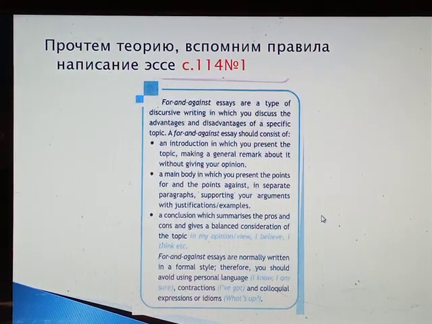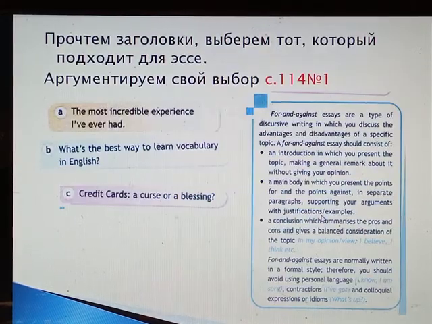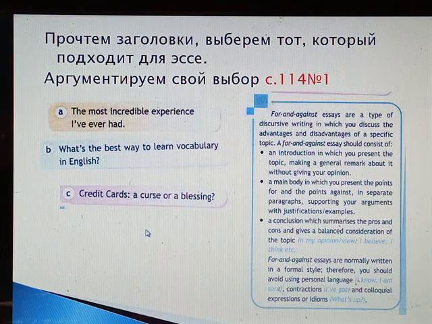So, these are the rules. Look at 3 topics. Смотрим на 3 темы. The most incredible experience I've ever had. What's the best way to learn vocabulary in English? Credit card, a curse or a blessing? Which title can be a title of for and against essay.